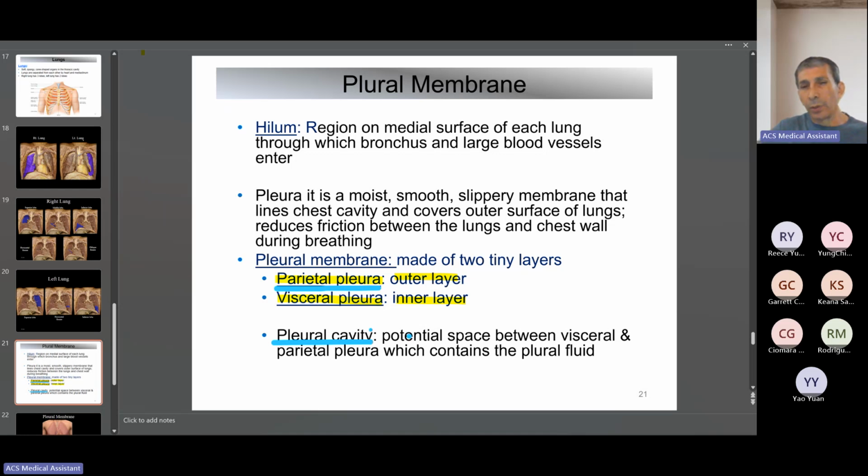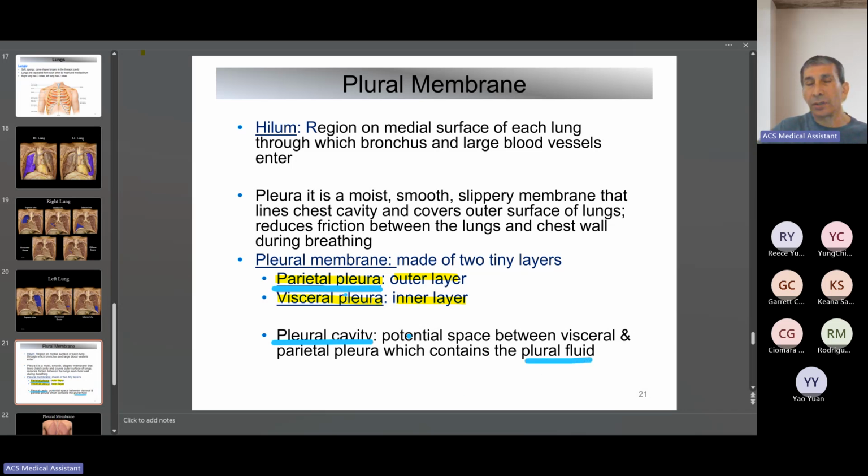So it is the pleural cavity, which is in between the parietal and the visceral pleura. Remember, that's why I drew this line right here. So in between these two layers, we're going to have fluids right there. The pleural cavity and the pleural fluid. See, this is the pleural fluid right there.